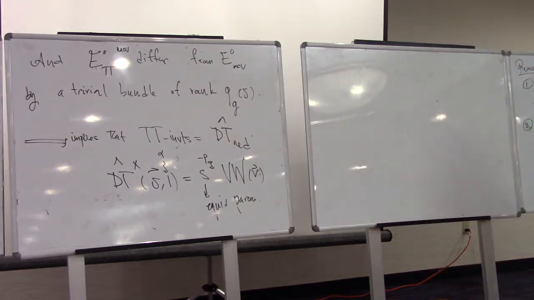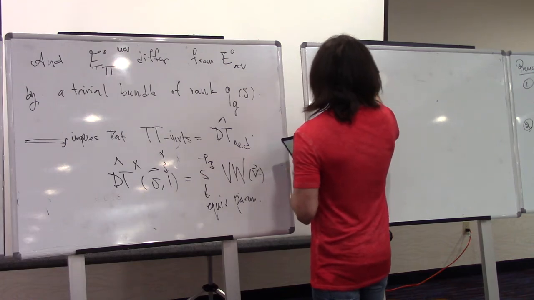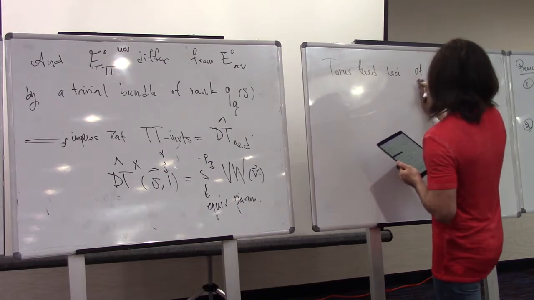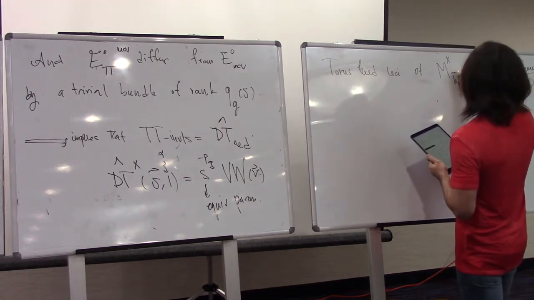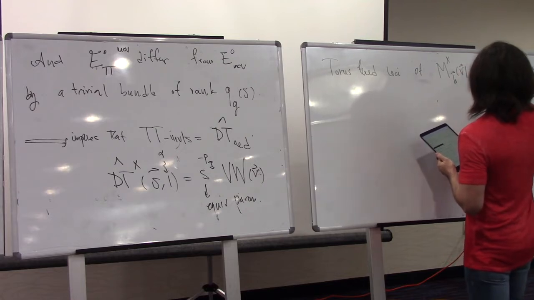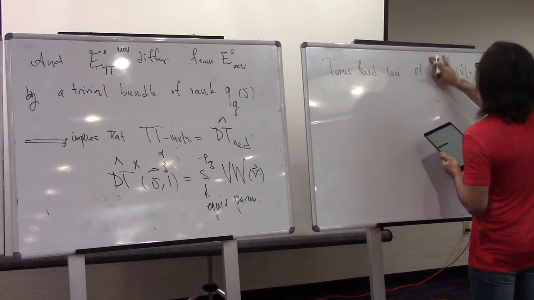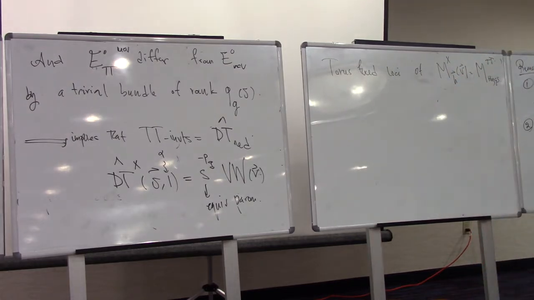So I told you that I will relate sheaves on this threefold to the Higgs pairs, at least one concrete example so that everyone has a picture. So let's talk about torus fixed loci of M X H nu, which is the same as the C star fixed M Higgs of Tanaka-Thomas.